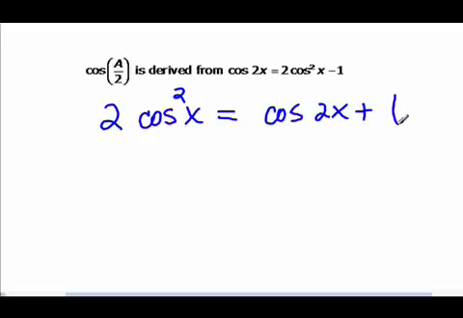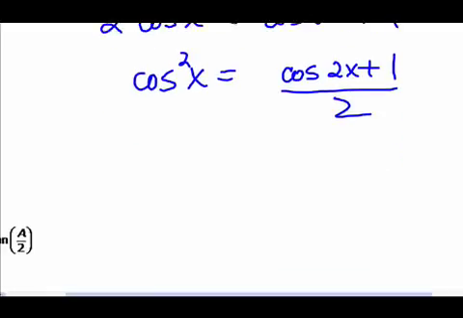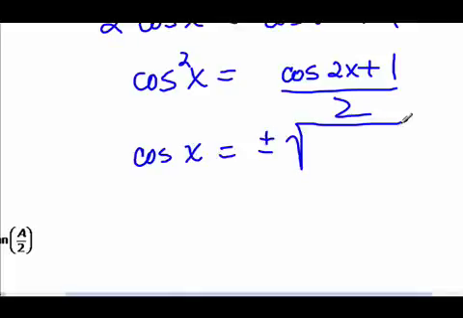And we'll go ahead and divide both sides by 2, and take the square root of both sides. Plus or minus the square root of cosine 2x plus 1 over 2.